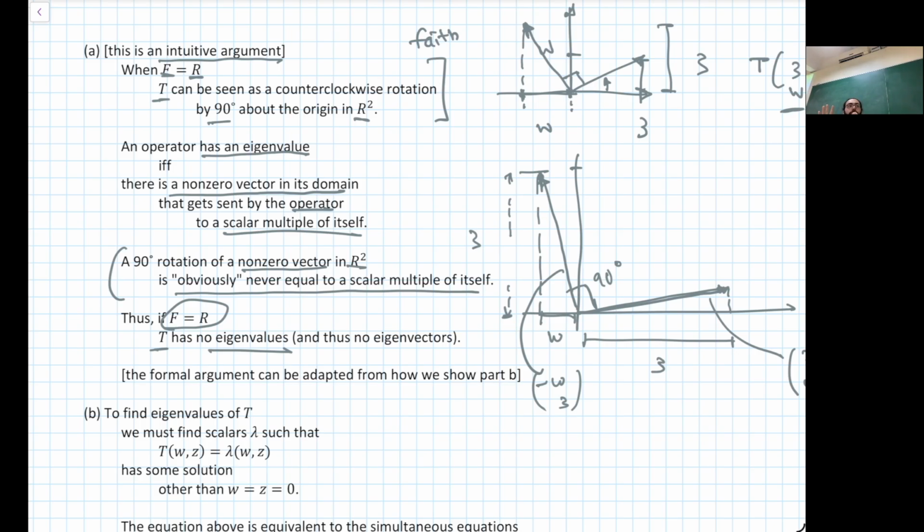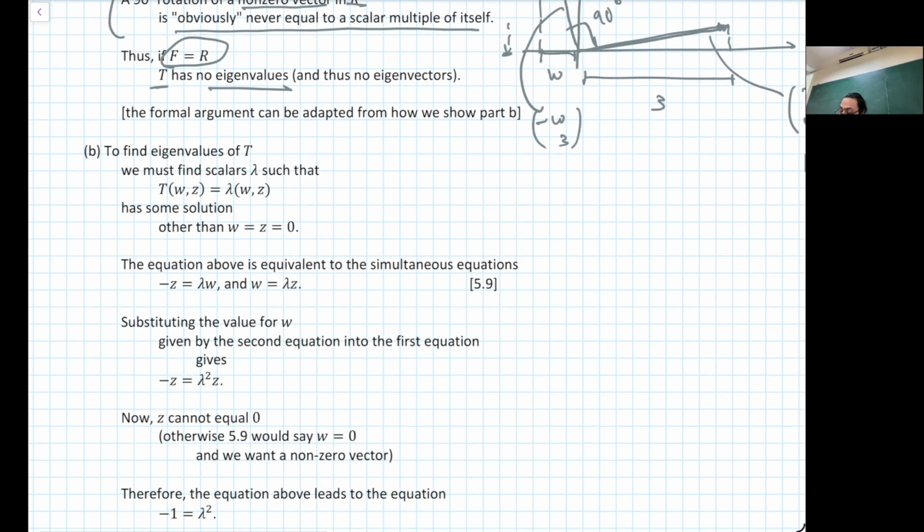Is that okay? In 3D, of course, that's not the case. Because in 3D, there's the axis vector that will not get rotated. So that will be an eigenvector. There will be one actual vector along which you're rotating, so that will stay unchanged.